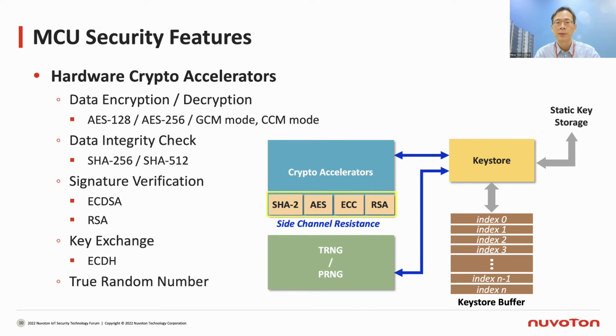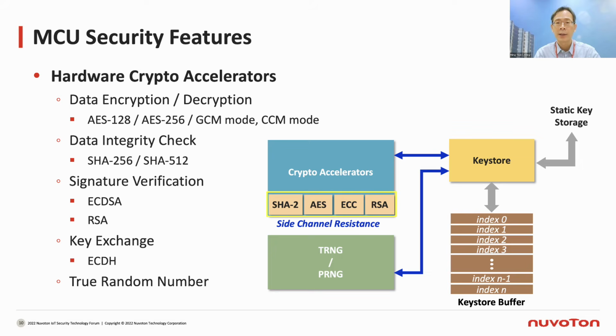For example, symmetric key encryption (AES) for data encryption and decryption, hash function (SHA) for data integrity check, the digital signature algorithm (ECDSA) for digital signature generation and verification, and the key exchanging algorithm (ECDH), and random number generator.